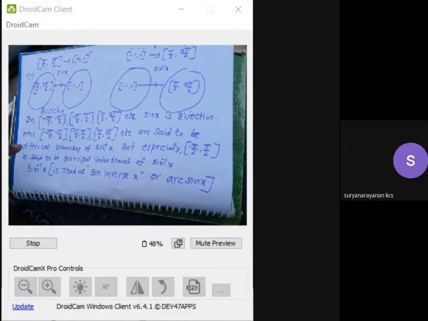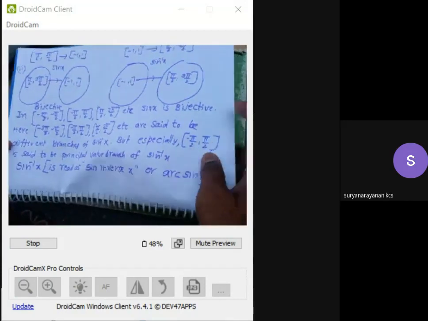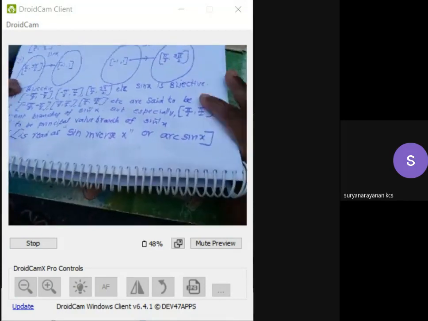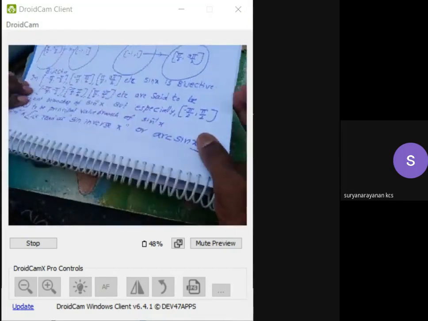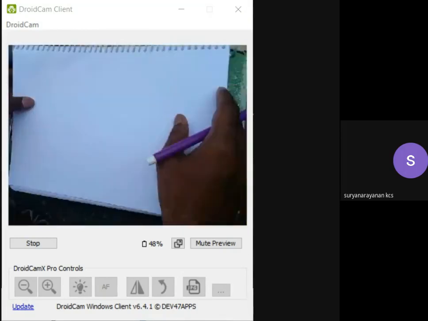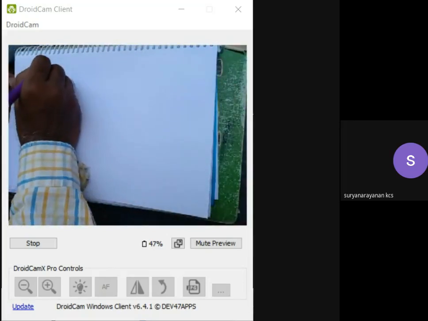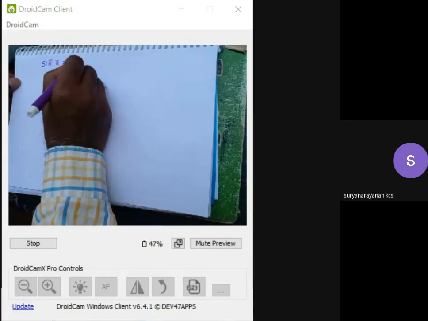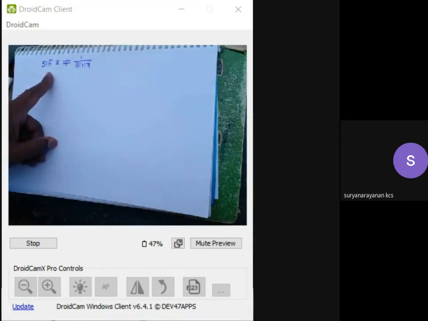Yes. So similarly, we have to find the principal value branches of remaining inverse trigonometric functions. And moreover, you have to remember this point also. Sin inverse x is only an inverse trigonometric function.